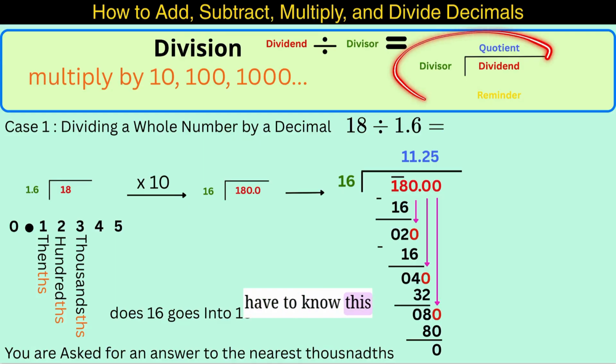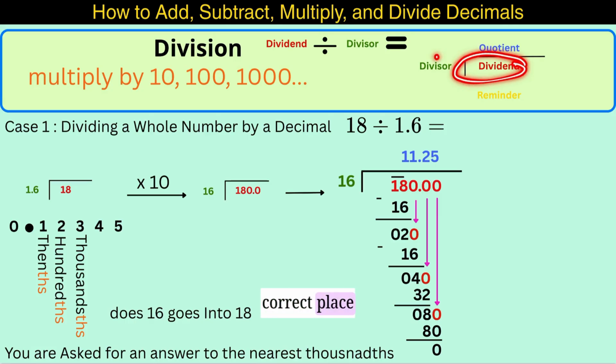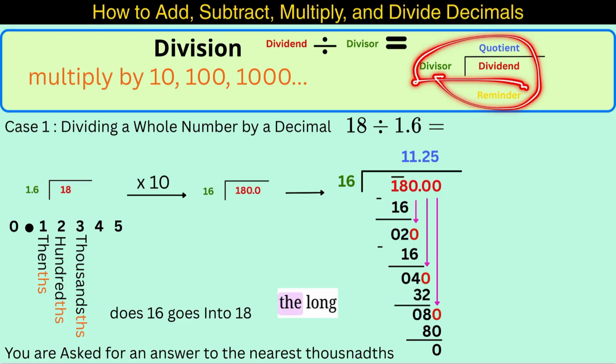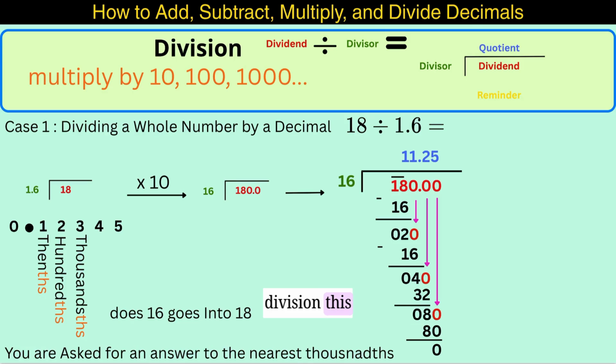Also, you have to know this, the dividend and the divisor. When you put them in the correct place, you can get the correct answer. Also, you have to know all these components of the long division.